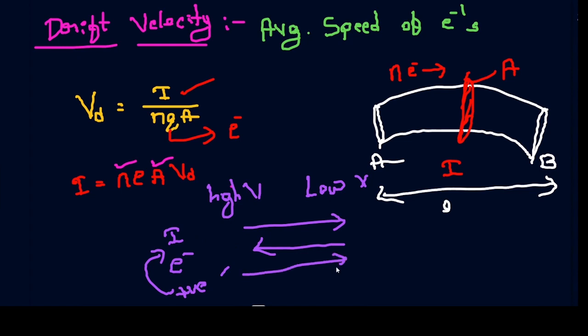Technically there is no motion of positive charges, but here electrons and positive charges have opposite directions, right? That's why we have done it. And the main point to understand is that electrons and current both have different, I mean opposite, directions. Got it? So this is the relation between drift velocity and current.